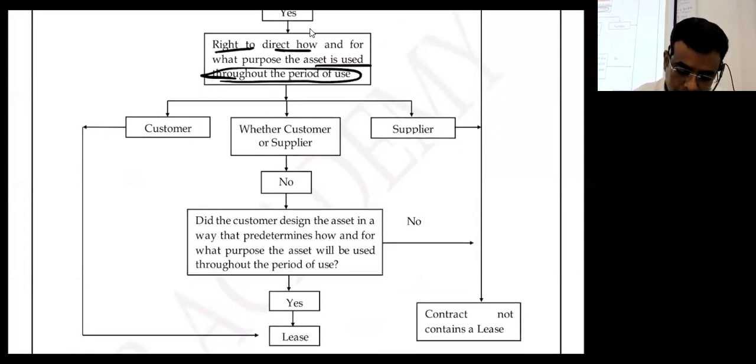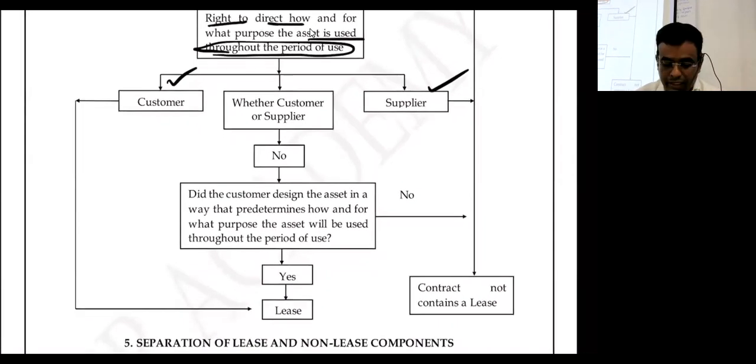Yes or no? No rights to direct how and for what purpose the asset is used throughout the period of use. Customer decide பண்ணலாம், lease. முழுக்க கஸ்டமர் டிசைட் பண்ணா லீஸ் தானப்பா. சப்ளையர் டிசைட் பண்ணலாம், not a lease. In this case, customer means you, supplier means myself. Yes or no?